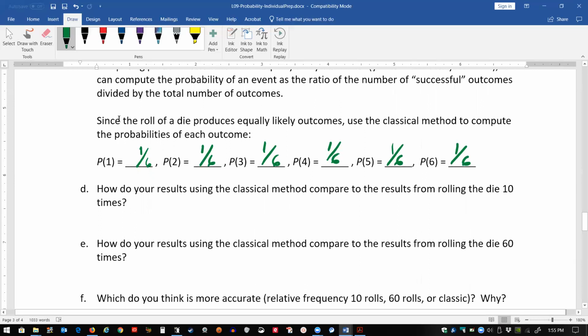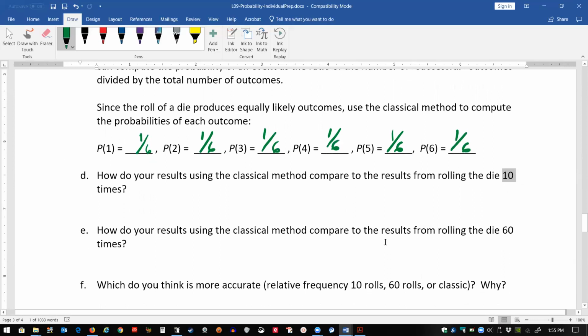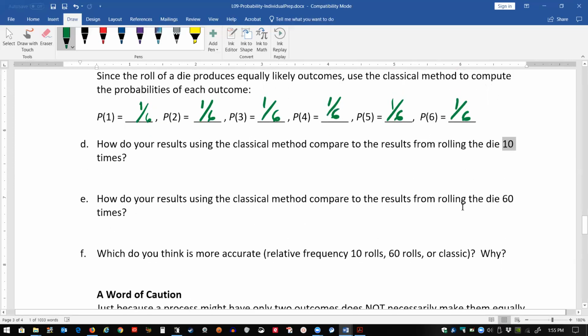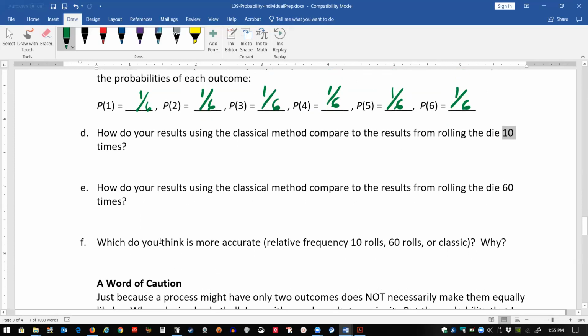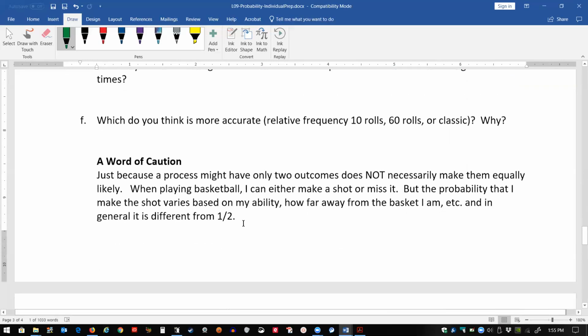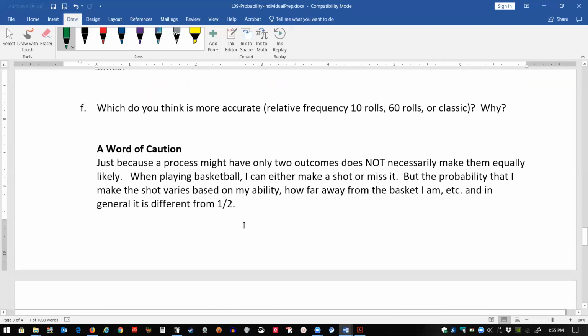Now, your experimental probabilities, especially if you use a low number of outcomes, will typically be quite a bit different than these, all right? The 60 got closer, wasn't quite there. When we ramped it up even more, now those got pretty close. Okay, so law of large numbers is still applying there.